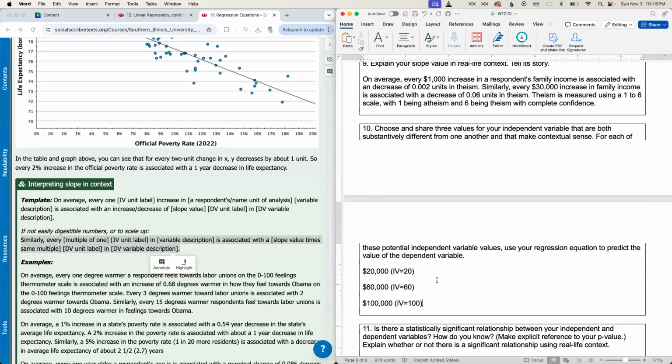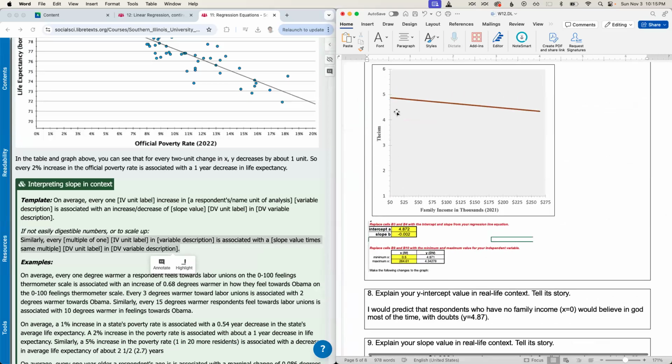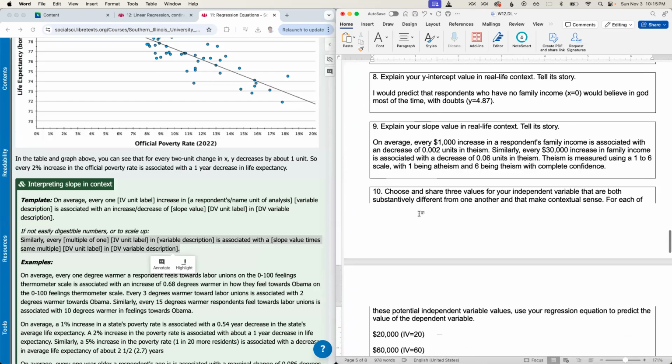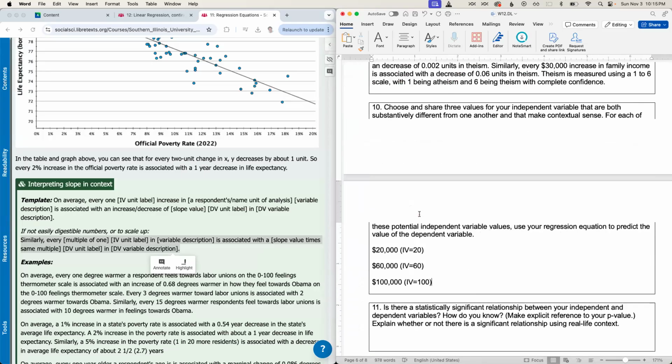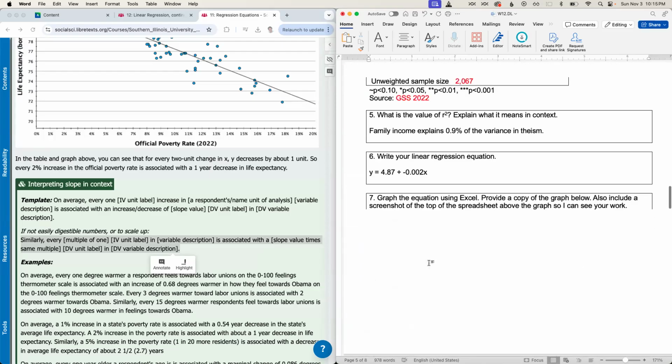I don't want to do, let's see what it is if it's 20,000, 20,001, and $20,002 in family income, right? I want to see differences. So I'm predicting, where would they be here? Where would they be here? Where would they be in between, right? Okay. So I'm going to use my regression equation. There's a couple ways I could do this.